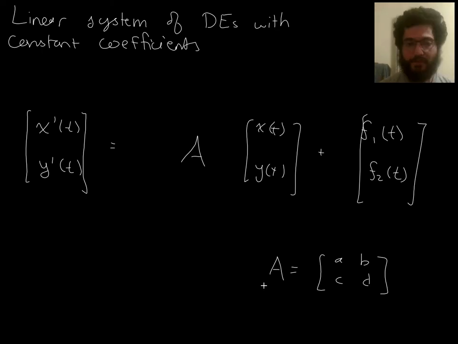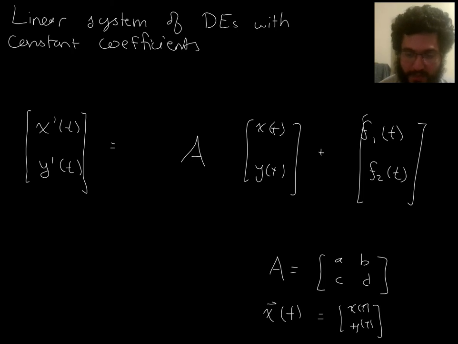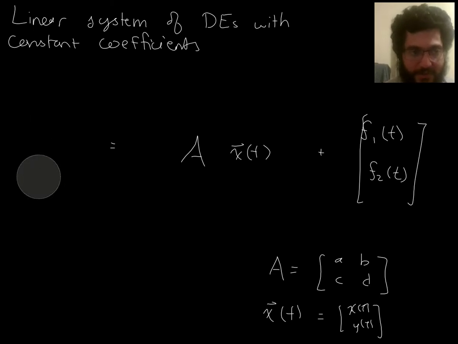Do you see any other ways to make this more compact? We can use our notation where we say vector x is our way of packaging together x of t and y of t into one vector. So this is now vector x of t, right? And then over here on the left, this is vector x prime, right?